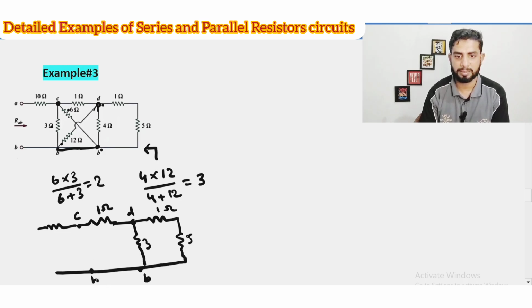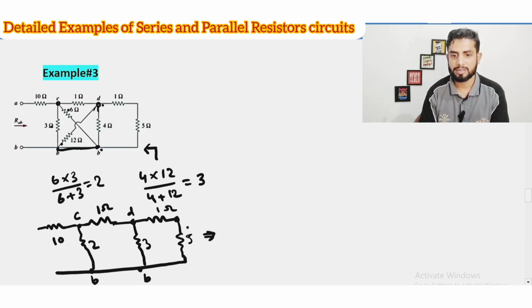This is the B terminal because this is connected by a wire. C and B had the 3 and 6 parallel combination, that was 2 ohm, and this is 10 ohm. See here, 5 and 1 are in series because they have one common terminal. 5 and 1 is 6, and 6 in parallel with 3. Their whole combination will be in series with 1, and their resultant will be in parallel with 2. The whole resultant will be in series with 10. That will be the final answer.